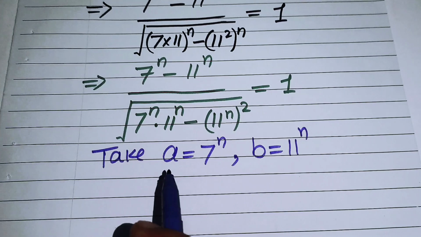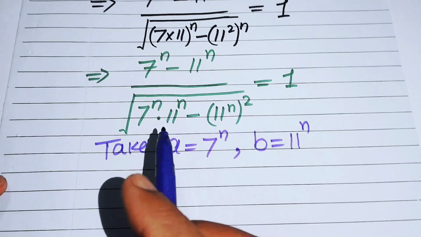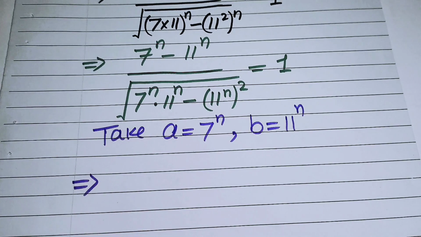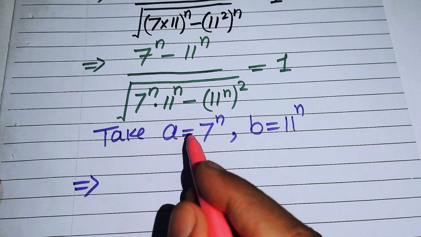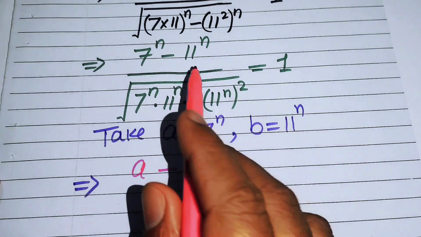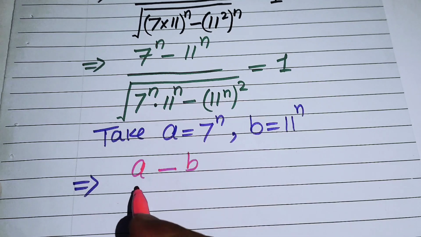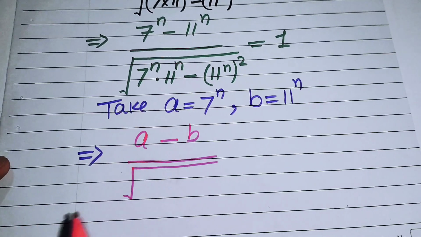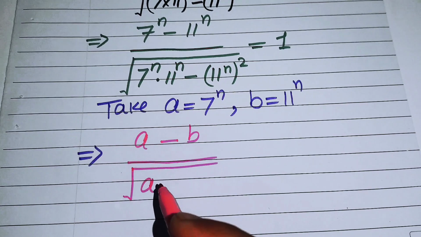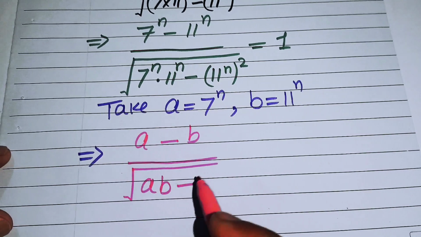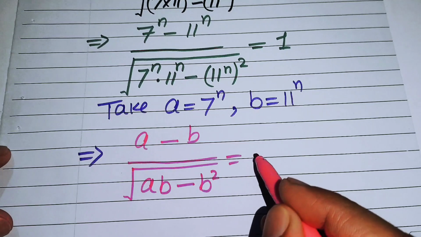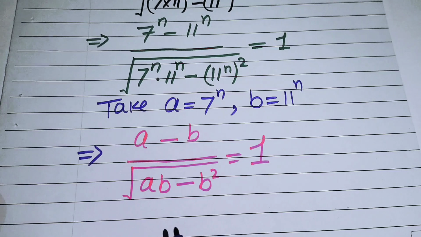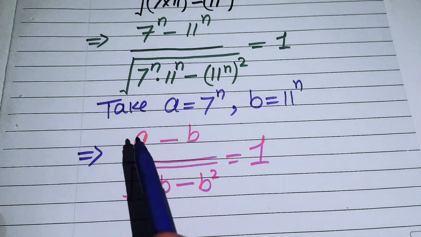When we put the values of a and b in this equation, it becomes this form: a minus b over the square root of a times b minus b squared, and it is equal to 1. And now in the next step we will take the square on both sides.